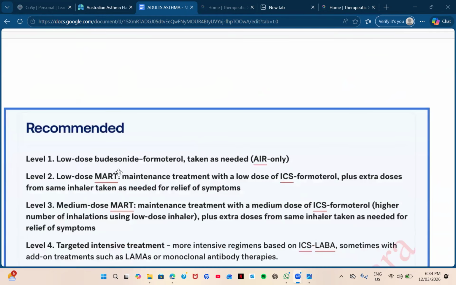So level 1 is low dose budesonide formoterol taken as needed. What is AR only?